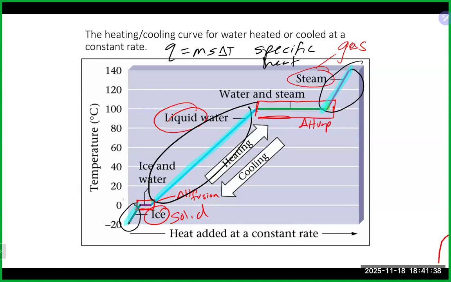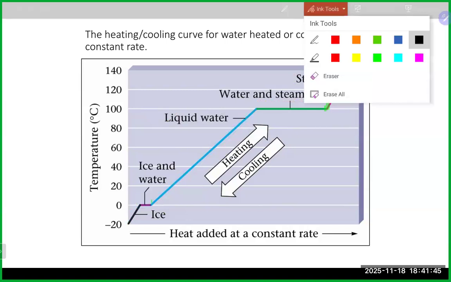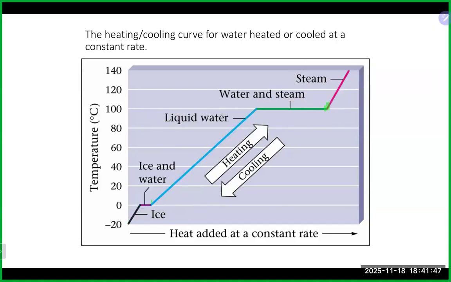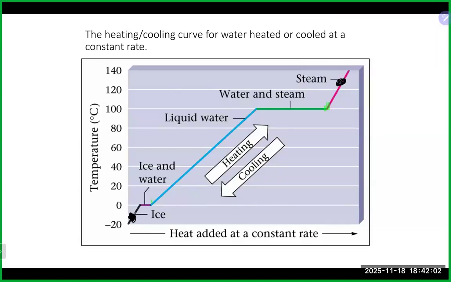So if you wanted to figure out how much energy was required, for example, to go from say here, ice at whatever degrees, -5, to like steam at 100 and some odd degrees. There's actually several processes that occur as you go through it. The first process is you would have to take the ice from, say, -5 degrees to 0 degrees and figure out the energy required to do that.